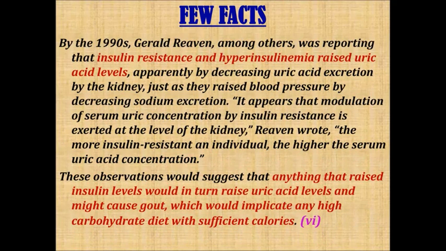By the 1990s, Gerald Reaven, among others, was reporting that insulin resistance and hyperinsulinemia raised uric acid levels, apparently by decreasing uric acid excretion by the kidney, just as they raised blood pressure by decreasing sodium excretion. As we know, sodium is a very important component during excretion in the loop of Henle, because it works as an electrolyte which helps in osmosis.